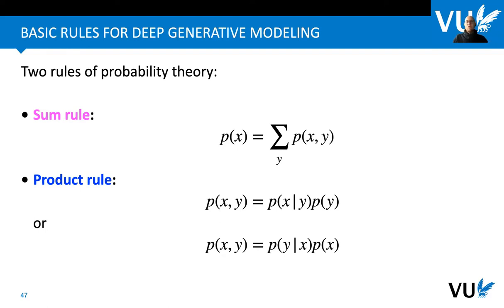The sum rule, so that we can marginalize out, sum out one random variable to get the marginal distribution from the joint distribution. We can do the same with y here and x here. The product rule says how we can factorize, or in plain words, how we can re-express the joint distribution using the conditional and the marginal distribution. We can do it in two ways.